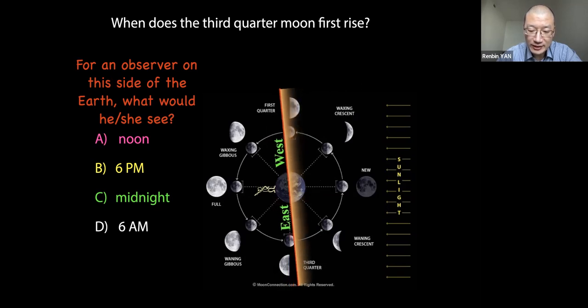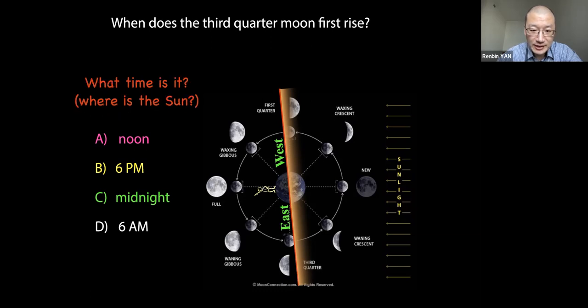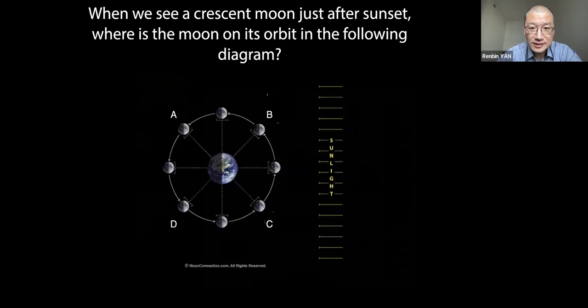So this is the orientation of the horizon when you can see the third quarter moon rising. And for this position, it is midnight for this person because it's on the side directly facing away from the sun. Where is the sun? The sun is directly below the horizon. It has to be midnight for this person. So the option C is the correct answer.